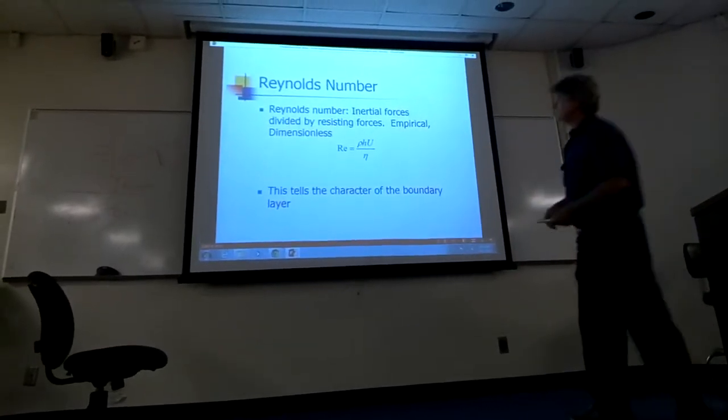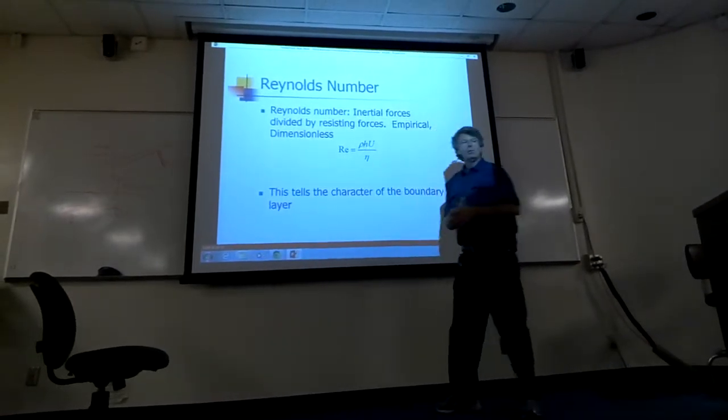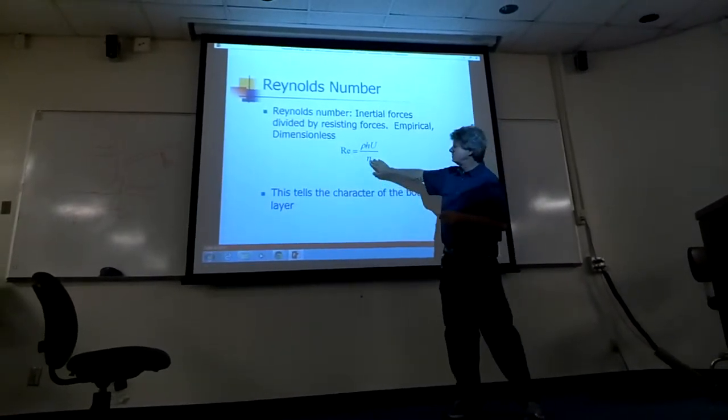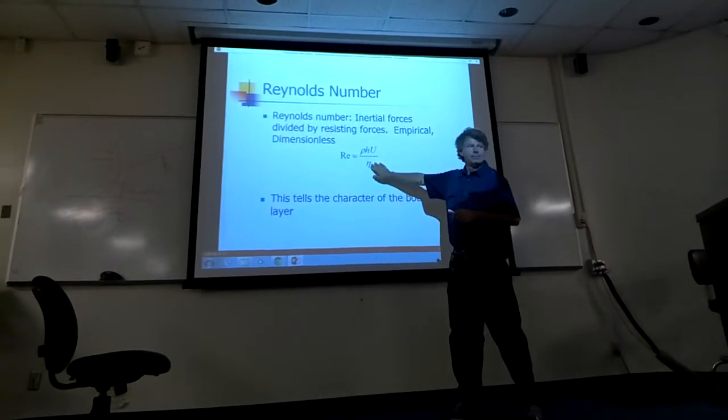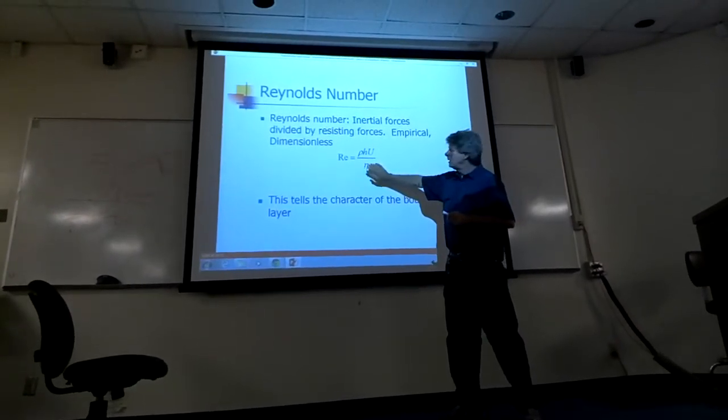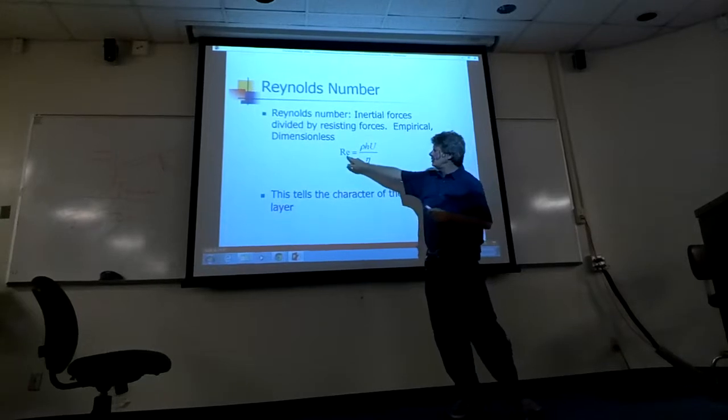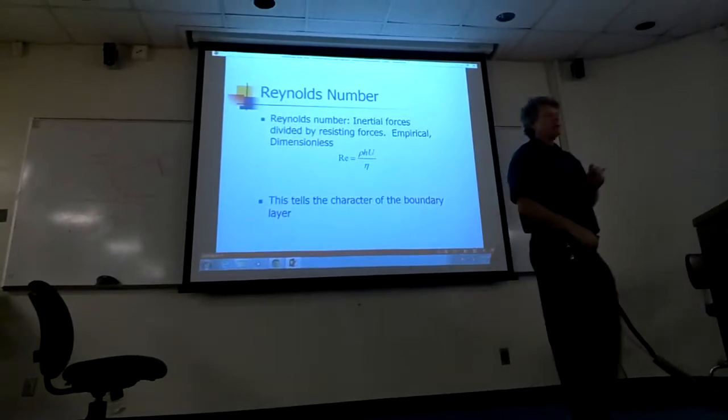So turbulence is increased by these, and what resists turbulence is viscosity. And so he came up with this ratio and created what's called the Reynolds number.